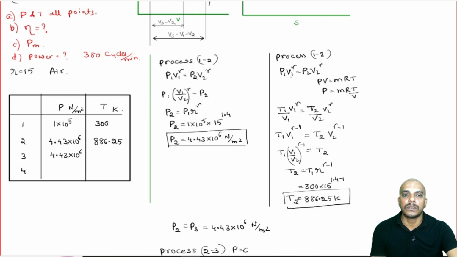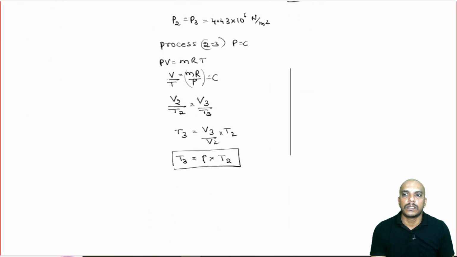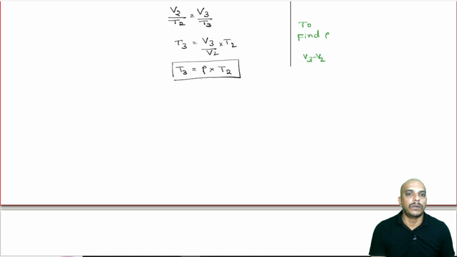V3 minus V2 is equal to 0.08 times (V1 minus V2). The idea is to find rho. Taking V2 common, we get V2 times (rho minus 1) on the left, and 0.08 times V2 times (V1 by V2 minus 1), that is (R minus 1), on the right. So V2 cancels out.